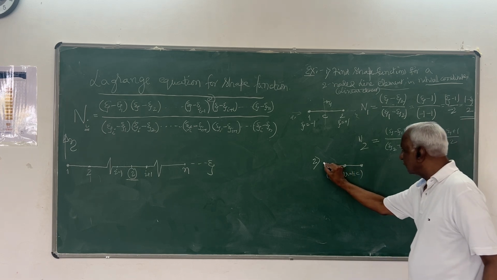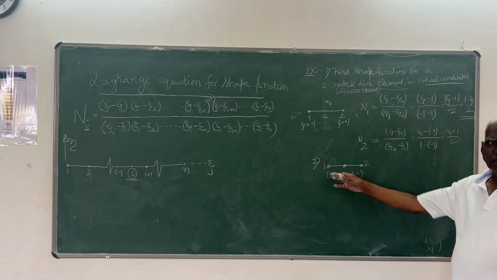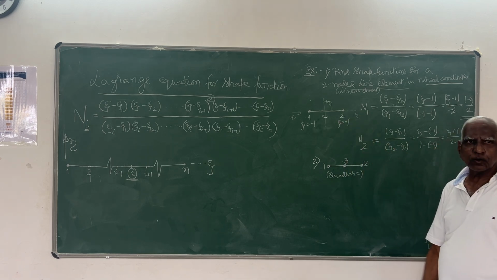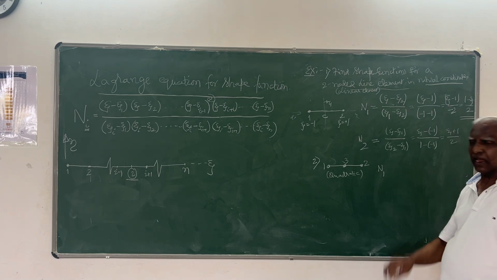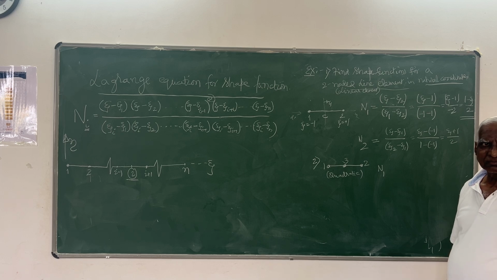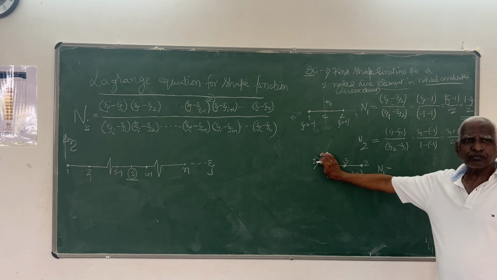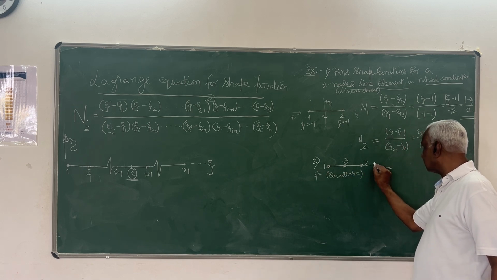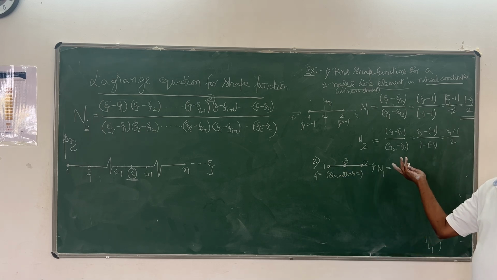First number the nodes, the usual practice: the first node, then the second node, then the third node. For this, I will write N1. How many shape functions? 3 nodes, 3 shape functions. N1 equals, forgetting this one, what is psi here? First I'll write the coordinates, for natural coordinates. It may be Cartesian also.